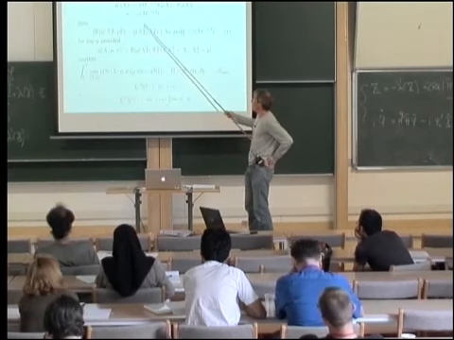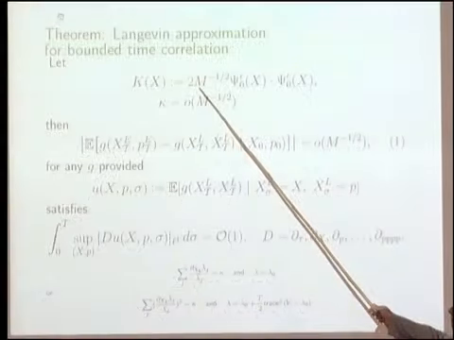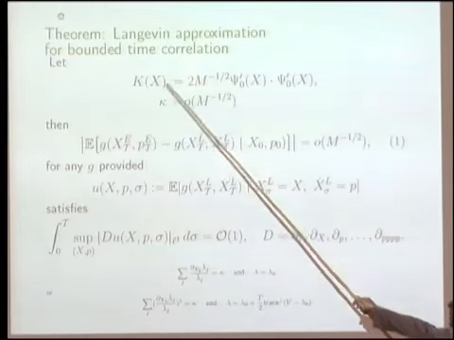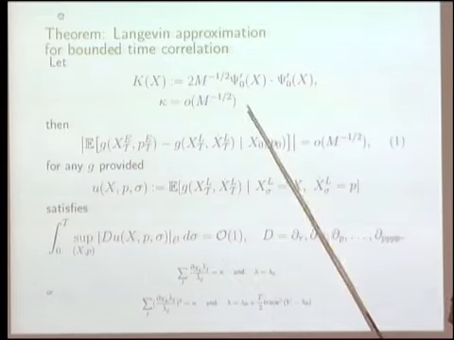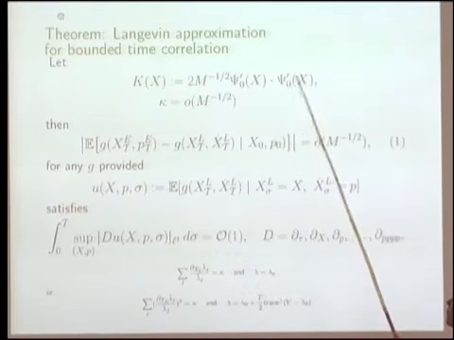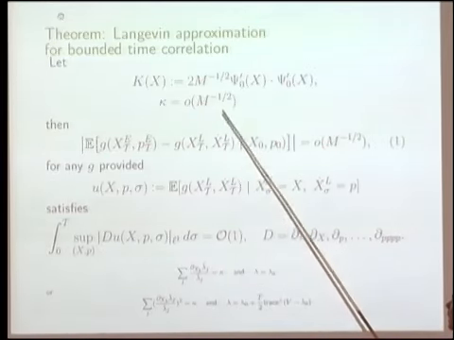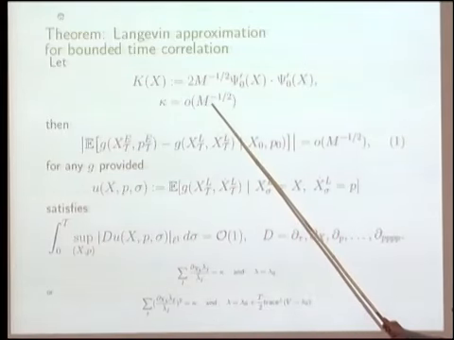So if I let the friction be this function, so the friction in the Langevin equation is small, 1 over square root of m, and it depends on these two derivatives. I assume that the gap conditions are that the gap is very big.